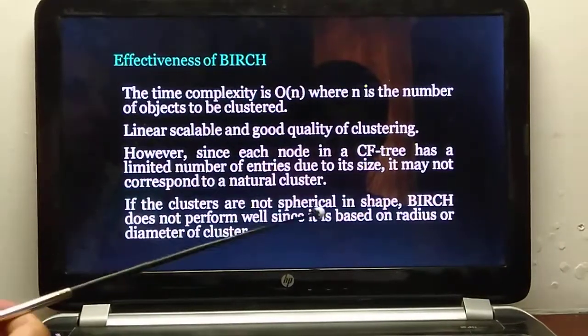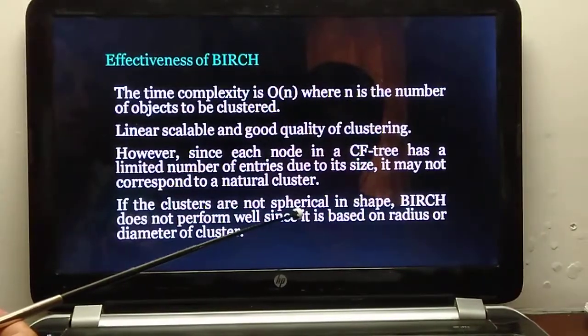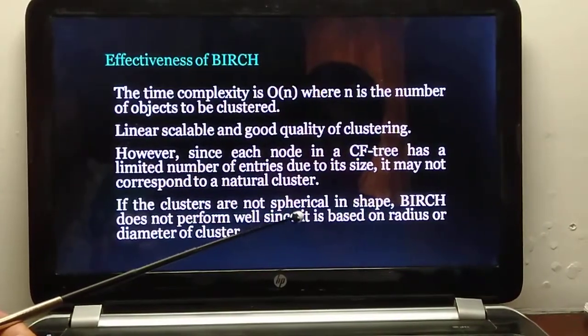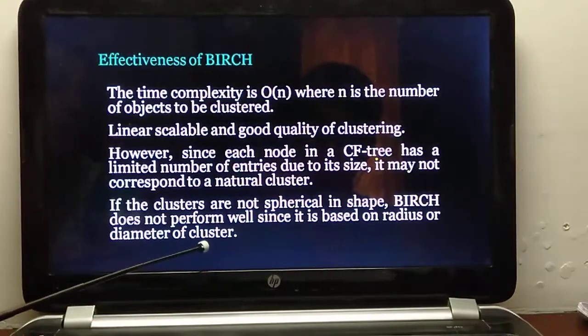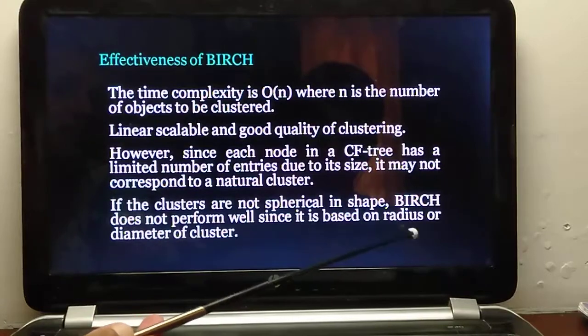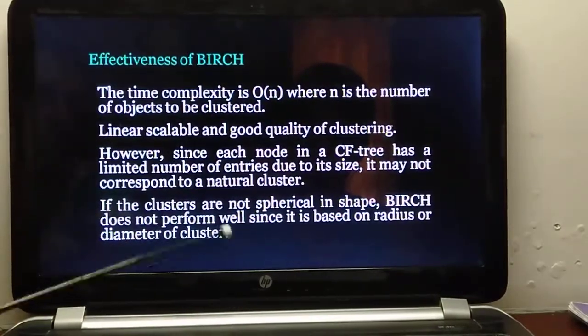If the clusters are not spherical in shape, that is, if the distance measure is not a good measure, then the BIRCH algorithm may not perform properly because it is also based on radius and diameter.